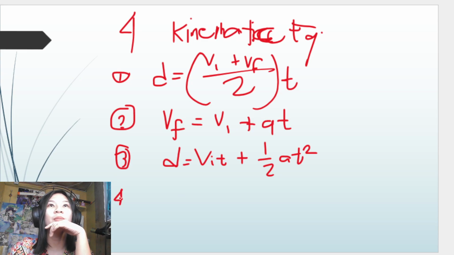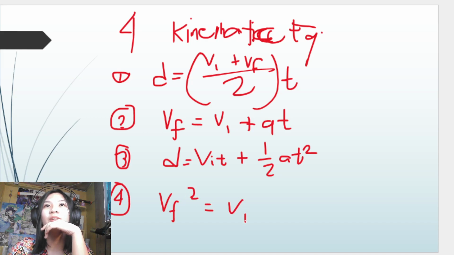Then number 4: final velocity squared is equal to initial velocity squared plus 2ad.